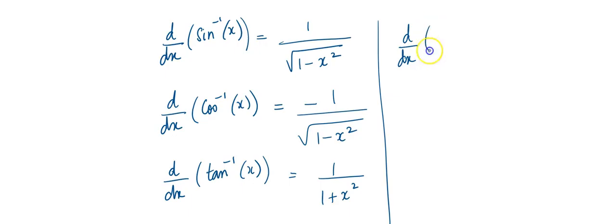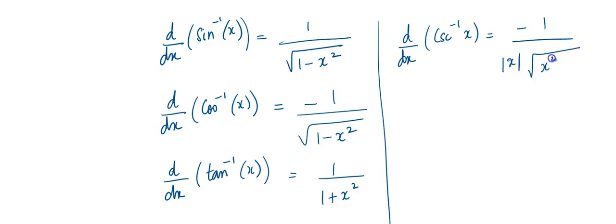d over dx of cosecant inverse x. So in future, you can actually use these shortcuts to get your answer. Some of them will look a little complicated, but we are not deriving them per se. If you wanted to derive them, not a big deal. It will involve a lot of algebra in addition to trigonometry.